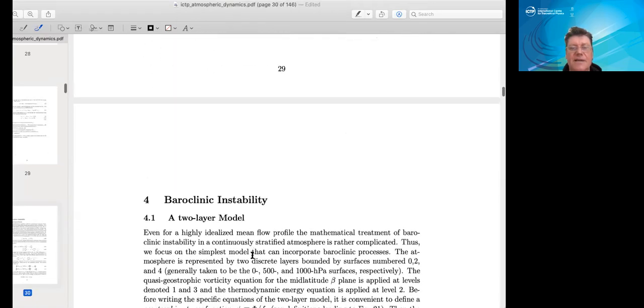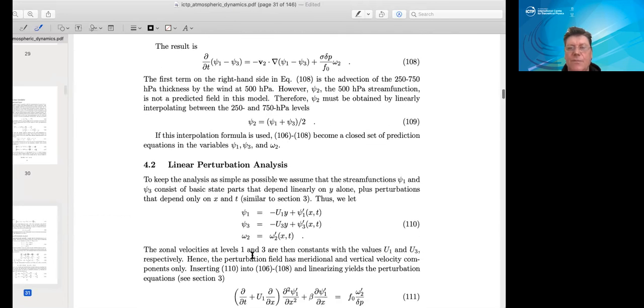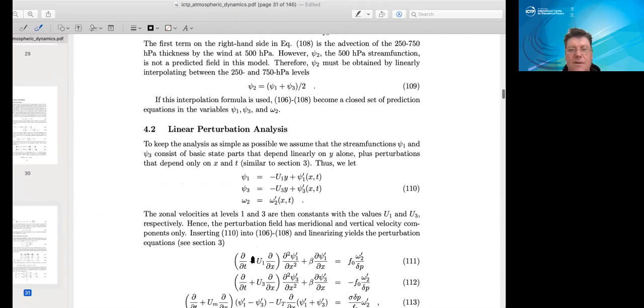So that is the case when our waves can grow. We just need this meridional gradient. So that means on average, we will always have the possibility for these Rossby waves.